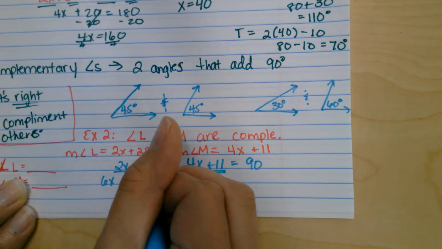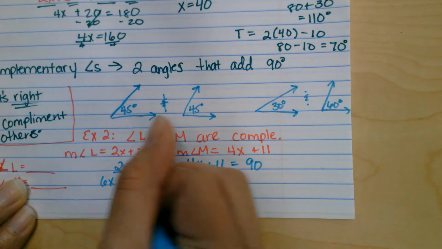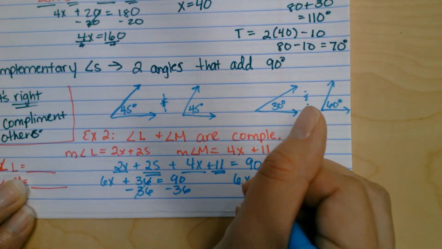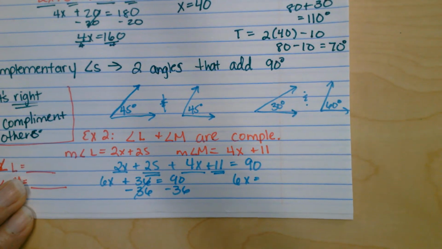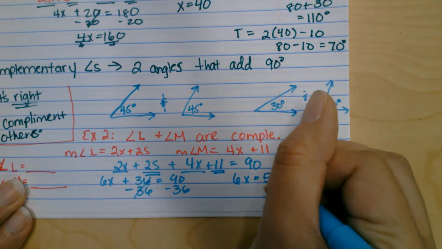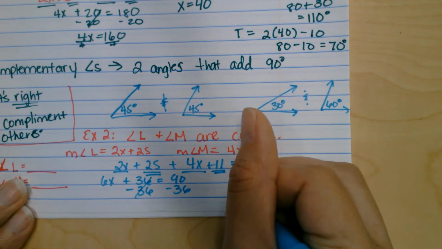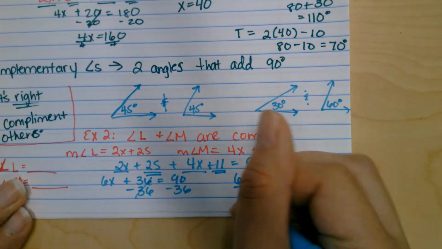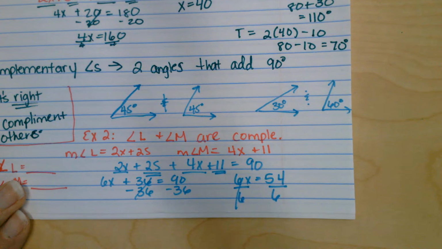Yep, minus the 36 over. Get 6x equals 54. Okay.